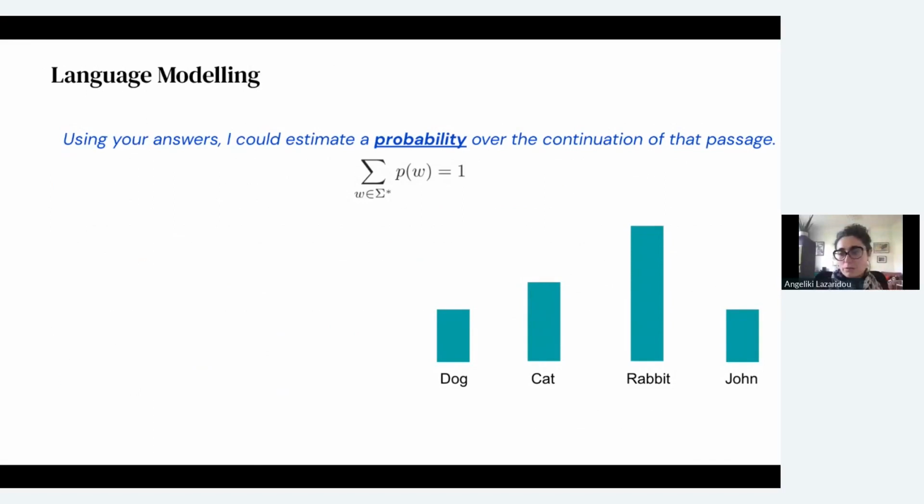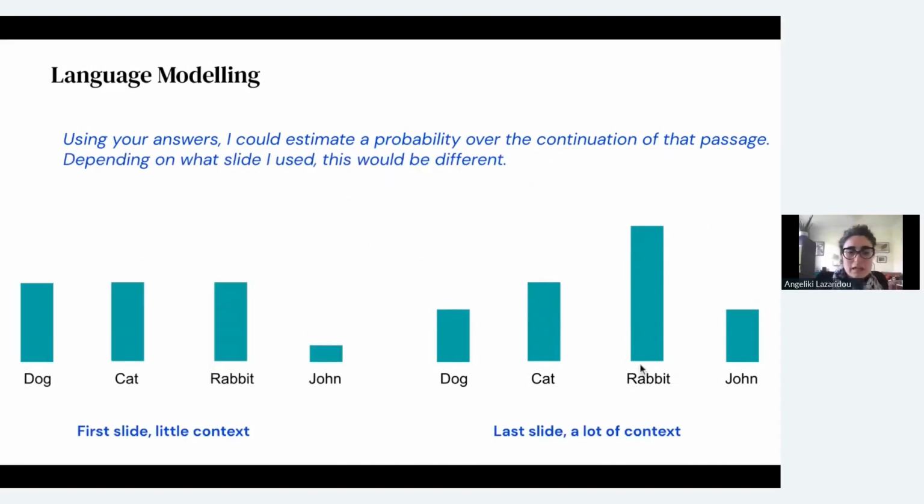So, for example, in this particular example that I showed, rabbit is the most plausible continuation, with dog and cat also being somewhat plausible. But as you also saw, depending on which slide I was using to show you, these probabilities were somewhat different. In the first slide, where you didn't have a lot of context, it wasn't clear which of these words was the right continuation.